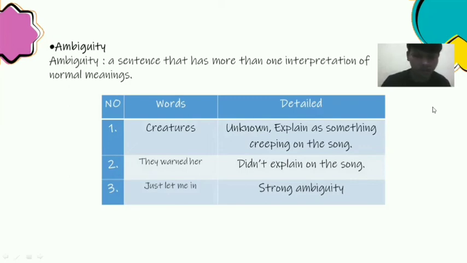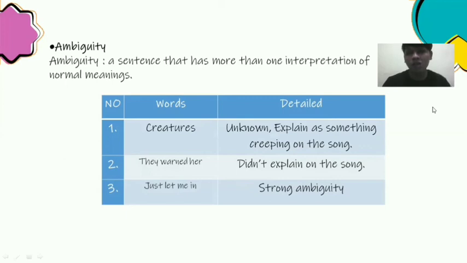Okay, so next number 3, the words just let me in. It is the word that appears the most in the lyrics. If you listen to the song Lily by Alan Walker, you will know what I mean. I put it here as the strongest ambiguity because the phrase let me in itself is very ambiguous. Like he says just let me into Lily. I mean, what does that mean?